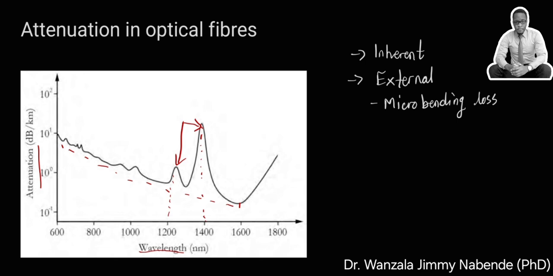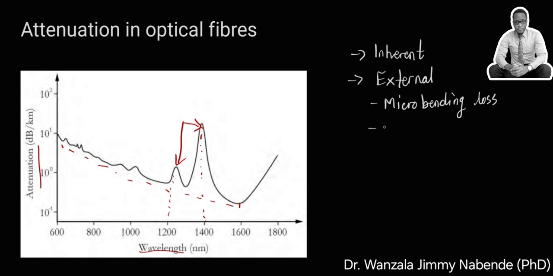Basically, this is the light that is being radiated away from the guiding direction of the fiber optic, and basically caused by the changes in the guide geometry of the fiber optic and the refractive index of the optic.